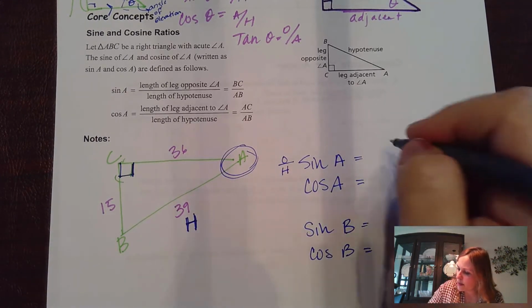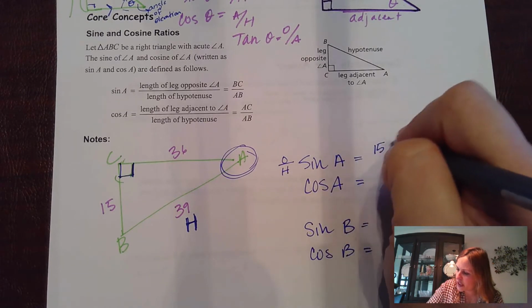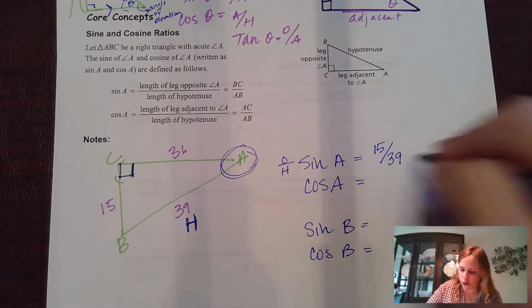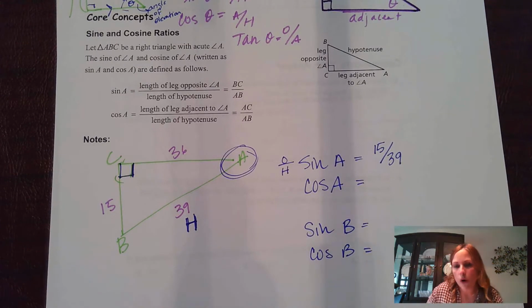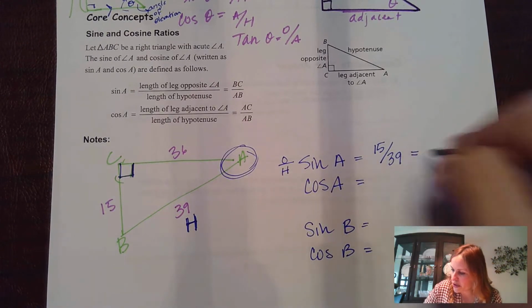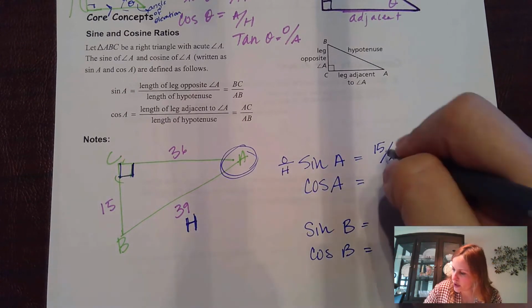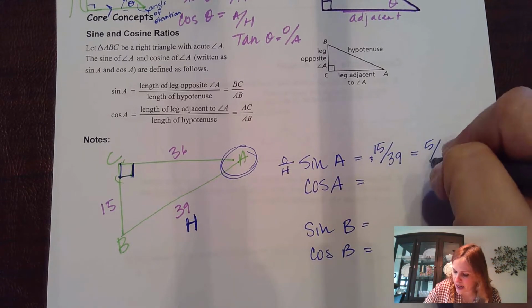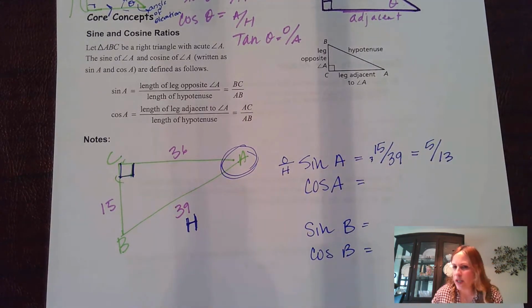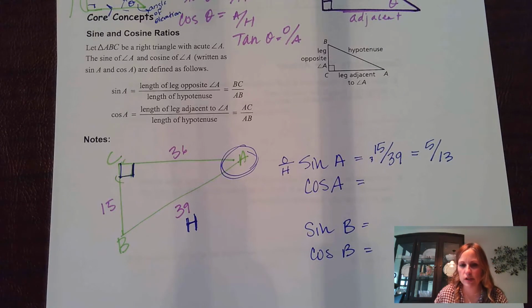You always want to reduce your answer. So 15 over 39, you can reduce this by 3, so you get 5/13. Don't leave it as a decimal, leave it as a reduced fraction, it's more accurate.